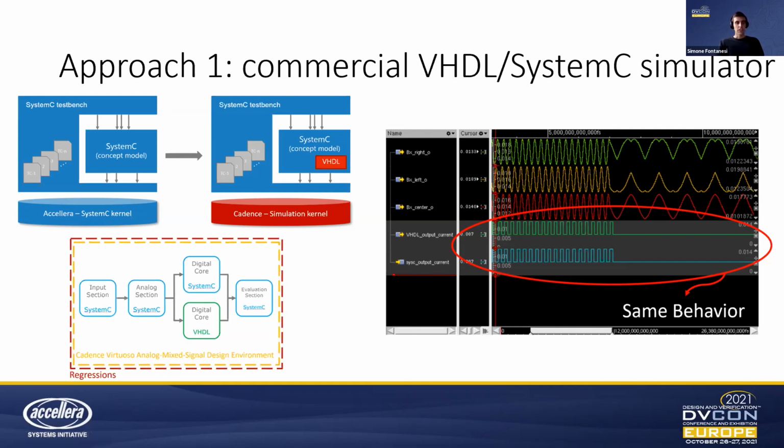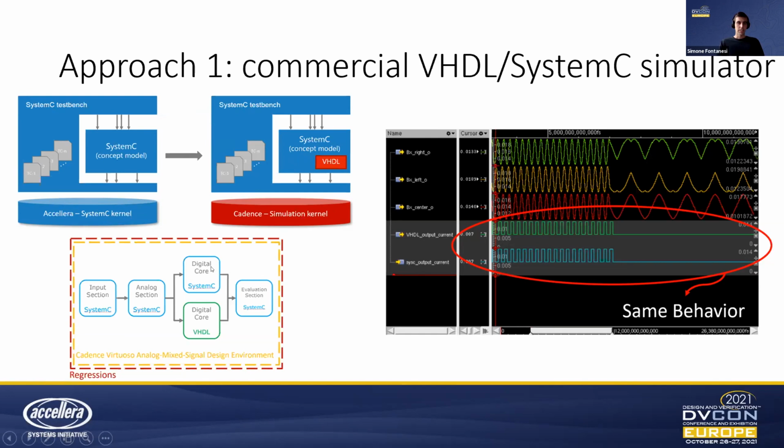And then later on during the development process, once the design is starting and the VHDL is available, we simply replace the high-level digital model with the VHDL description, and we use Cadence as a simulation kernel.